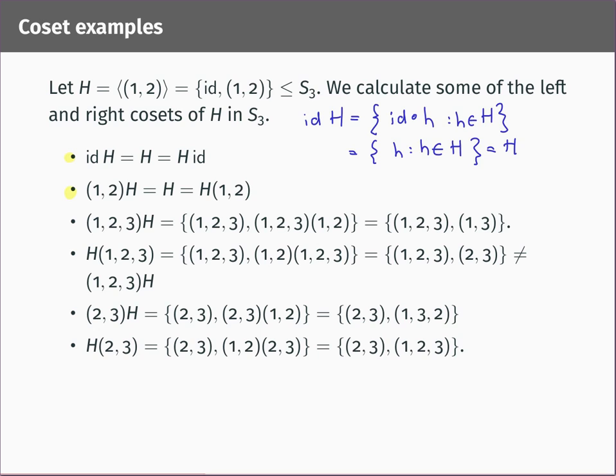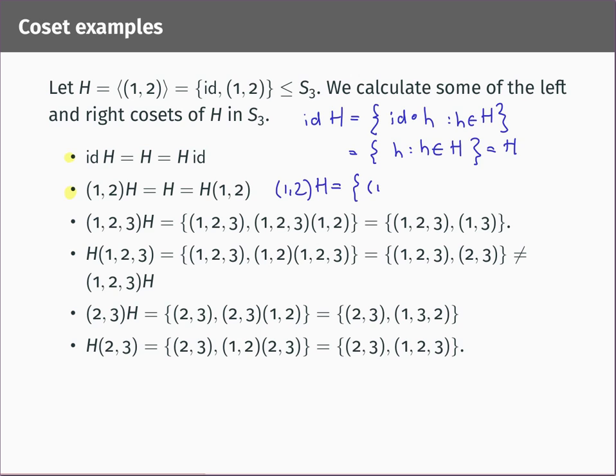We'll look at another example now, a coset by the element (1 2). So again, we can work this out just using the definition. Let's look at the left coset of H by (1 2). That would be the set of all things you can get by multiplying an element of the subgroup H on the left by (1 2). There are only two things in this subgroup H, which are the identity and (1 2).